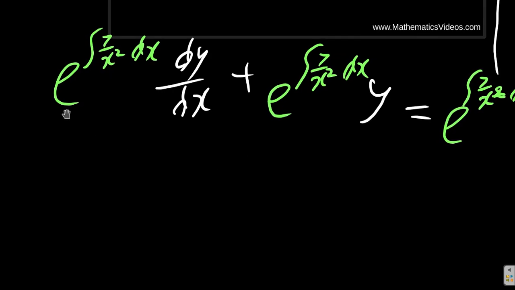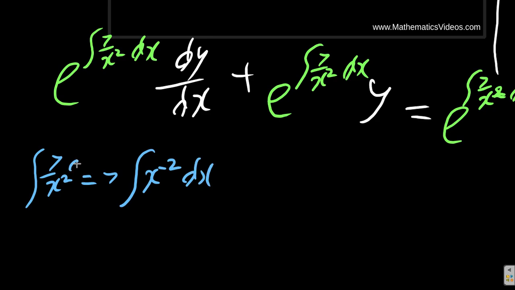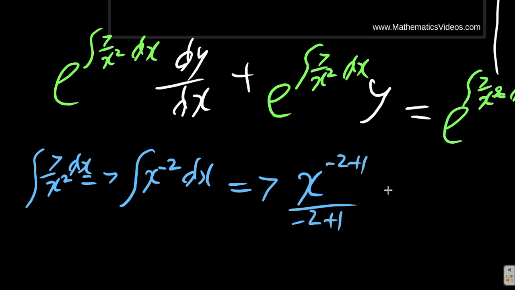Now, let's work out the integral of 7 over x squared. What is it equal to? The integral of 7 over x squared is 7 times the integral of x to negative 2 dx. Should have the dx here too. Equal 7 times x to the negative 2 plus 1 divided by negative 2 plus 1 plus c.